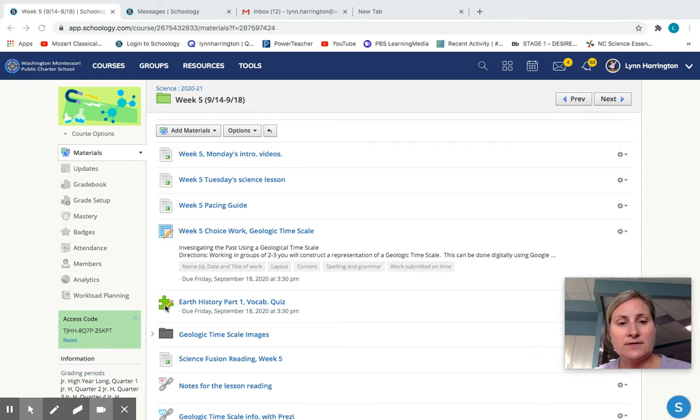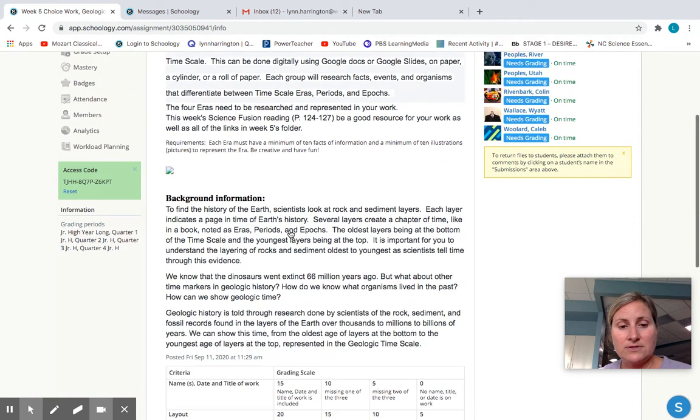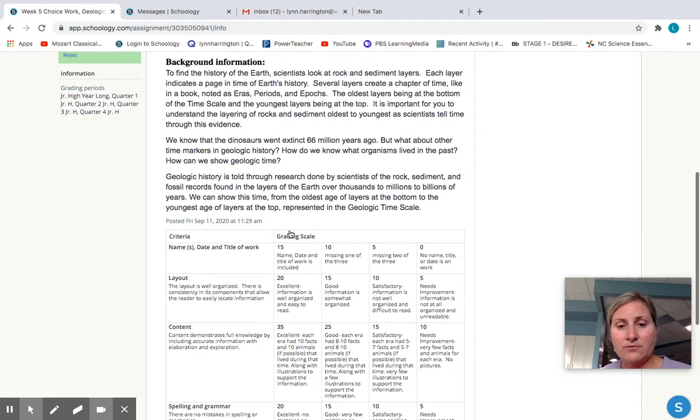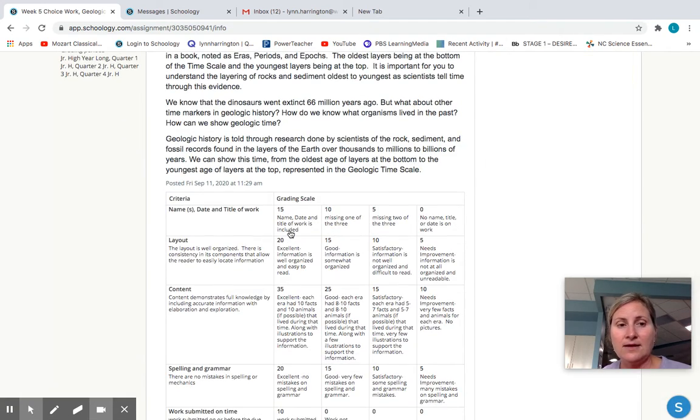The choice work this week, the geologic time scale, just want to make sure everybody understands you can work in groups of 2 to 3, but you don't have to. You can work on your own. The background information is available here, and of course all the resources that are in this week's folder, but look at the rubric here to see what I'm looking for as I grade your work.